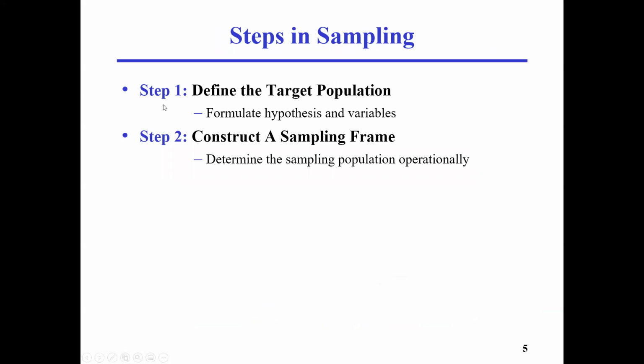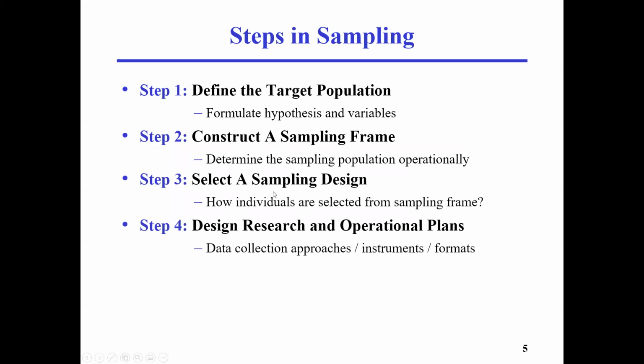So step one of sampling, define the target population, right? And then construct a sampling frame. You create some conditions, okay, to determine the sampling population operationally. And then select a sample design, how individuals are selected from sampling frame. Okay, so this is where you need to choose a sampling method.